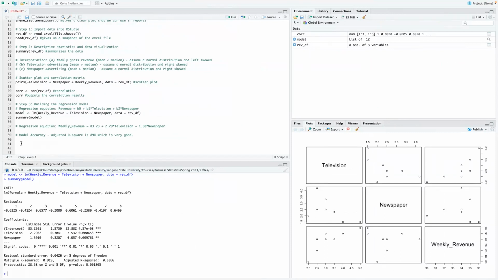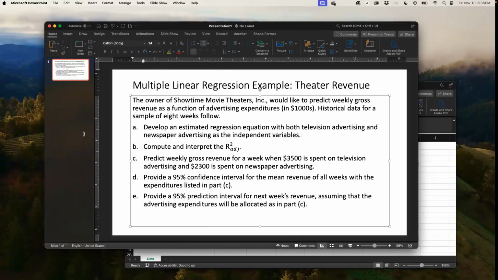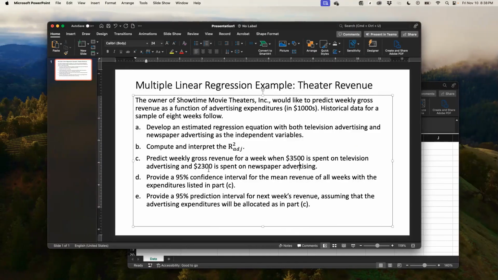So please take note of that. So that's the new data for prediction.